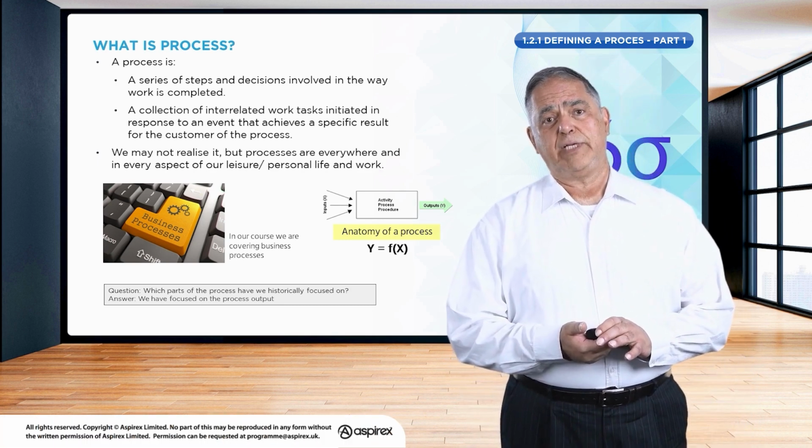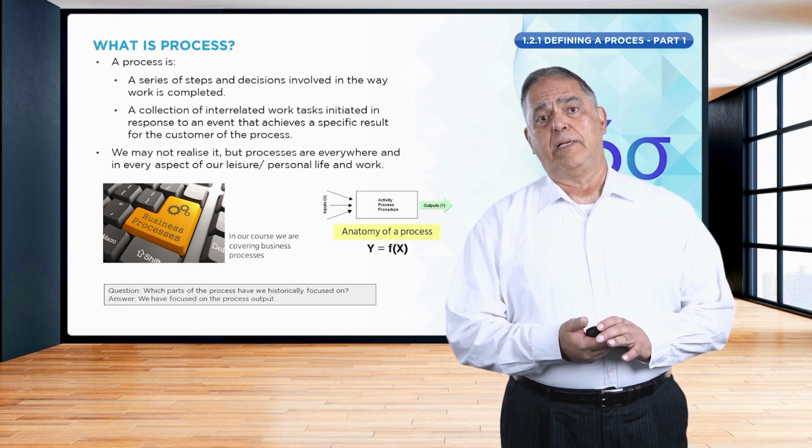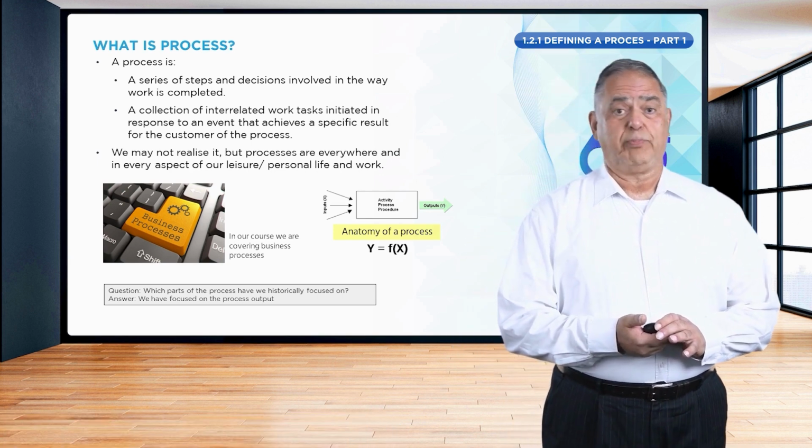And if we take a look at the distant past, we tended to focus on the process outputs.